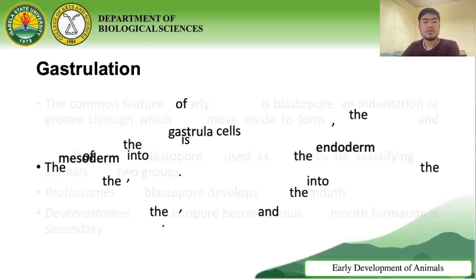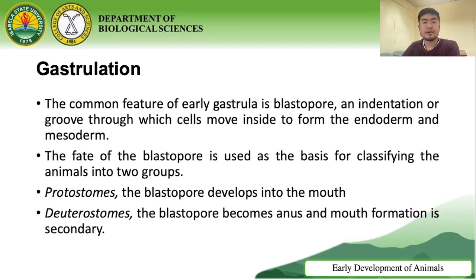The common feature of the early gastrula is the blastopore, an indentation or groove through which cells move inside to form the endoderm and mesoderm. And the fate of the blastopore is used as the basis of classifying animals into 2 groups. Makikita natin mamaya yung morphogenetic movements sa gastrulation at makita natin yung blastopore.